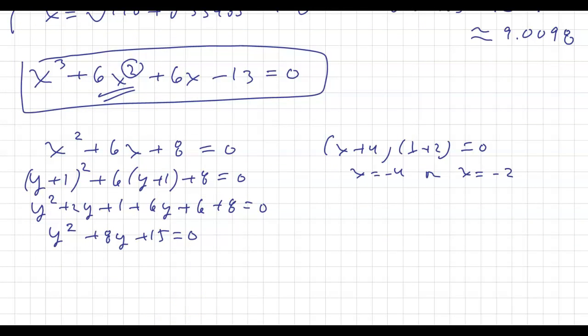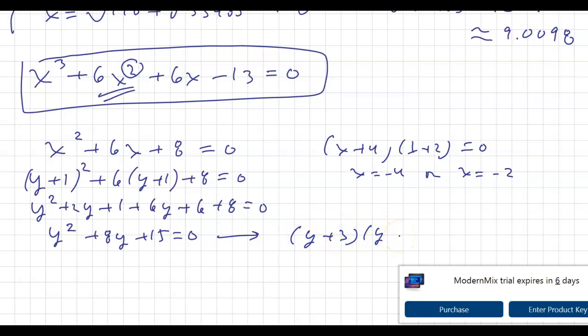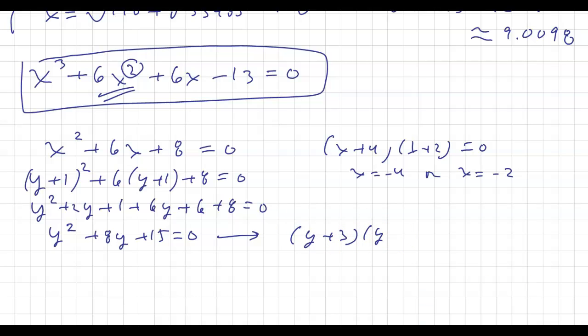Now, if I don't know how to factor, I can't do this equation either, but let's just say now I remember how to factor. And I would get two answers, y equals negative 3 and y equals negative 5.